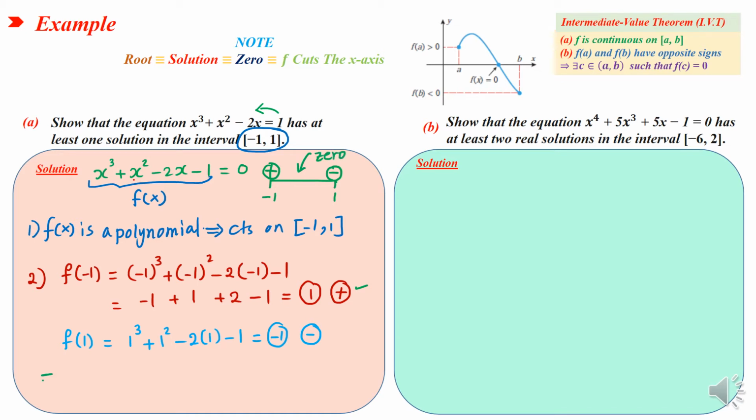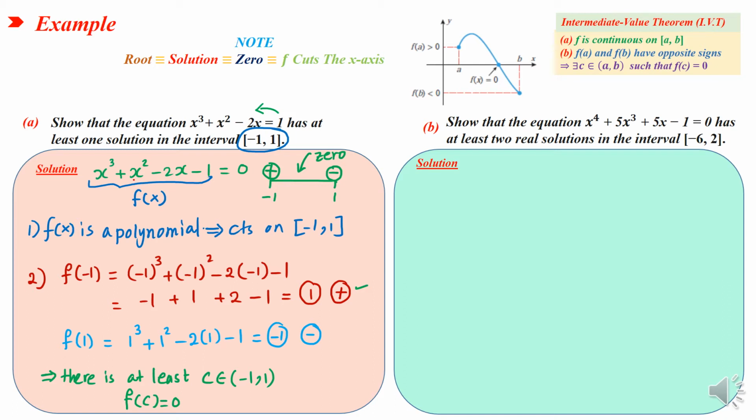So there is at least one C in the open interval from -1 to 1, such that f of C equals 0. So there is a 0, or there is a solution in the open interval from -1 to 1 for the function f of x.